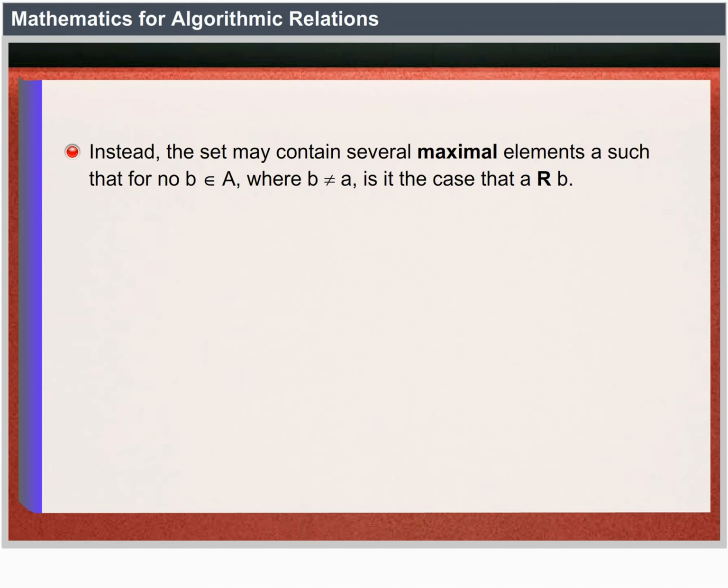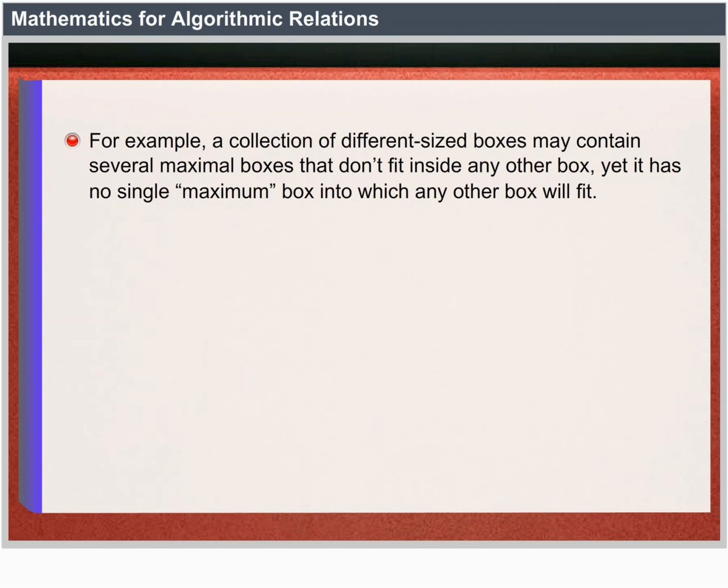For example, a collection of different sized boxes may contain several maximal boxes that don't fit inside any other box, yet it has no single maximum box into which any other box will fit.